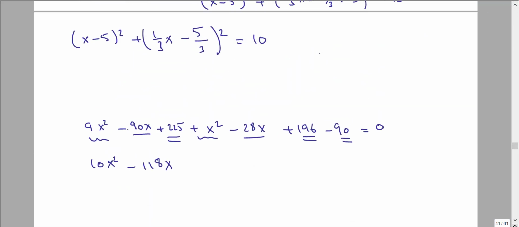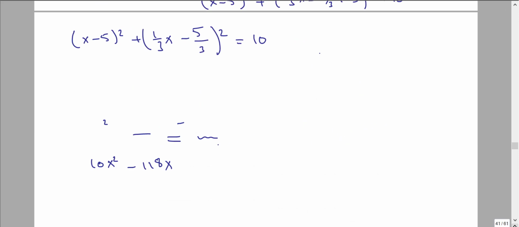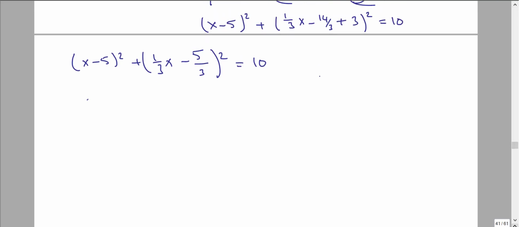Again, we will work out this. So we have x squared, as I did before, minus 10x plus 25, plus 1 over 9x squared minus 10 over 9x plus 25 over 9 equal 10.